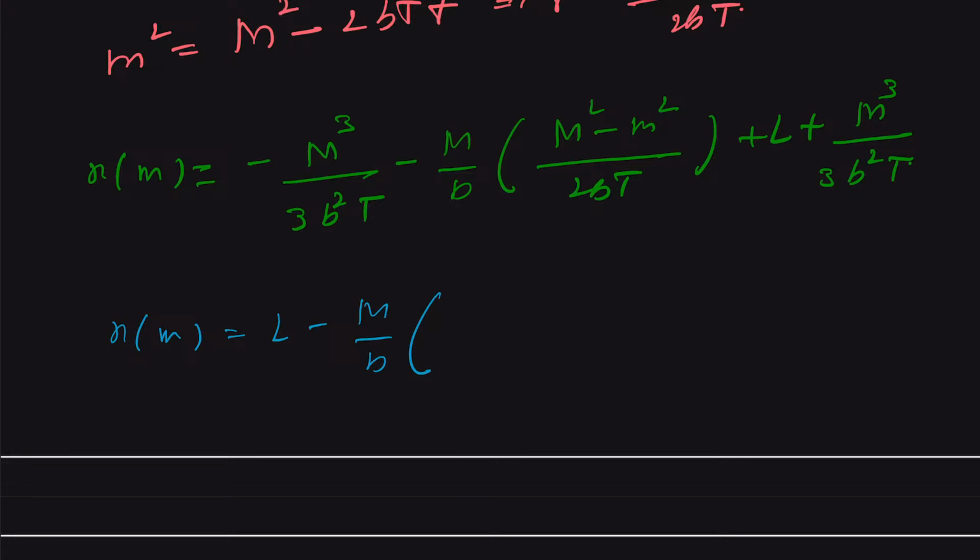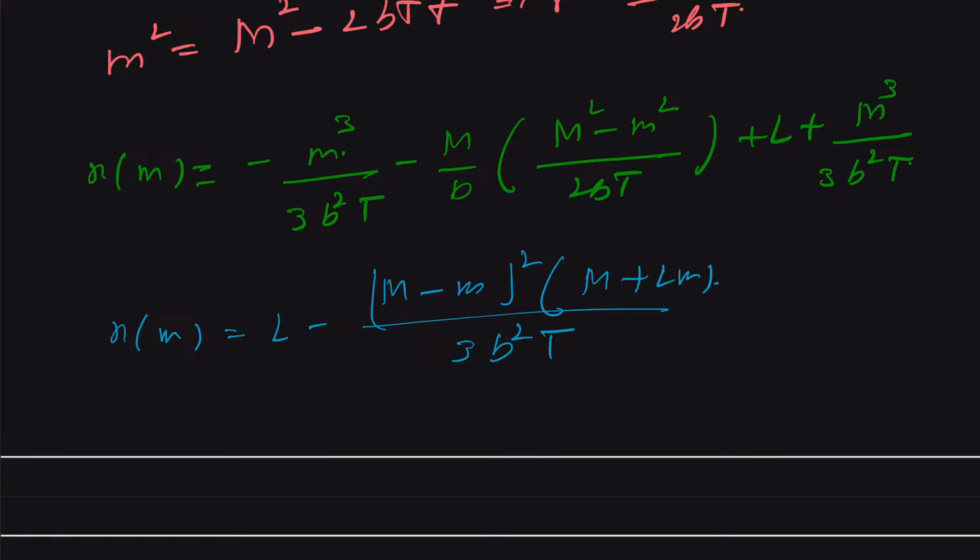This is small m, not capital M. So we get this as the LCM will be the same, so this will be 3b square t, and we get this as capital M minus small m whole square and M plus 2m. Okay, so this is our mass dependent distance.